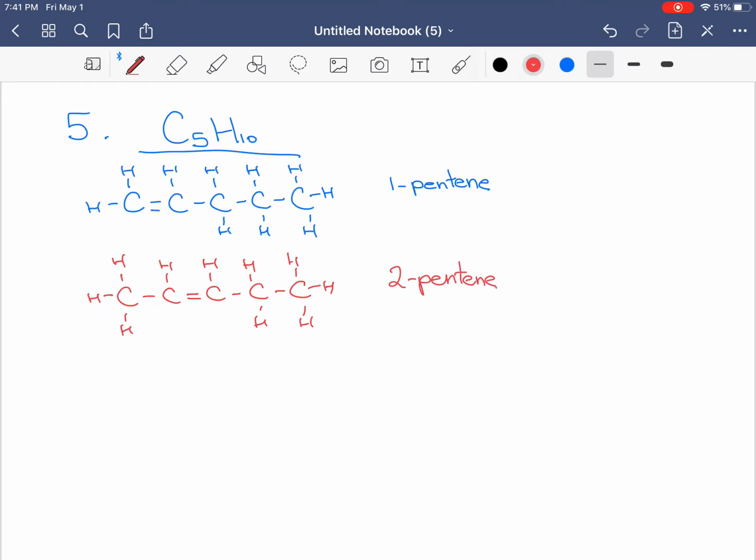Do you think there's going to be a 3-pentene? I don't think so. You flip this around. Let me draw this. Don't draw this. I'll draw this. Flip this around. It looks like this. There's no 3-pentene. It's only 2-pentene.